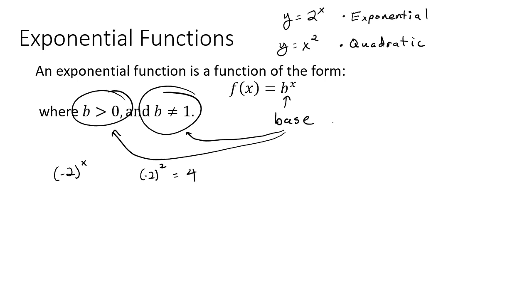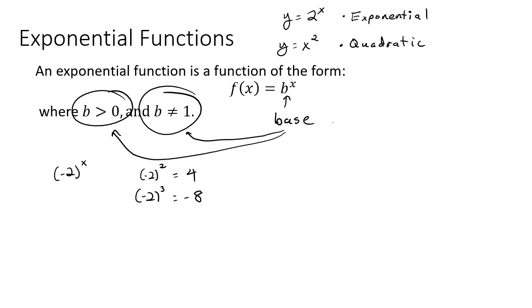Let's say you plug in an odd number for x, like 3, negative 2 cubed would actually be negative 8. So sometimes you get positive outputs if you plug in even exponents, and you'll get negative outputs if you plug in odd exponents.